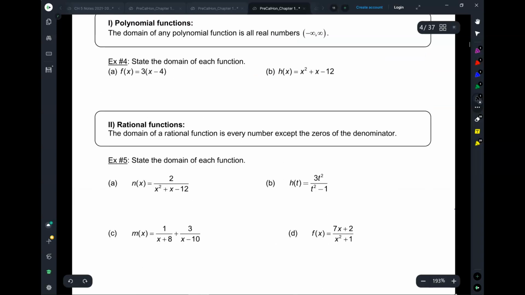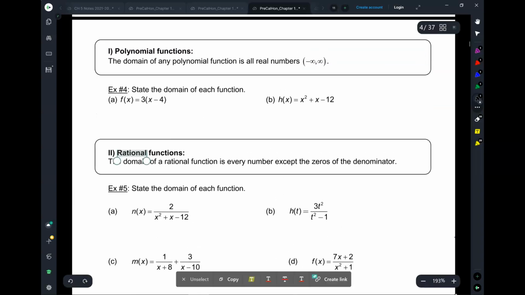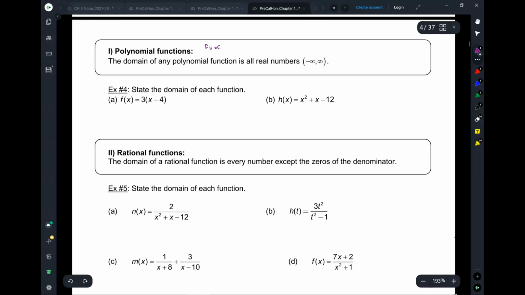Okay, I got it. Okay, so we're going to split up all the functions into 3 different categories. 1, polynomial functions. Polynomial functions are functions where the variable has whole number exponents.